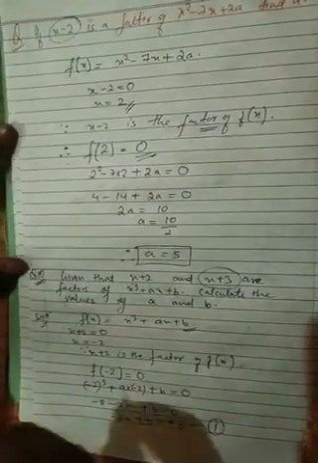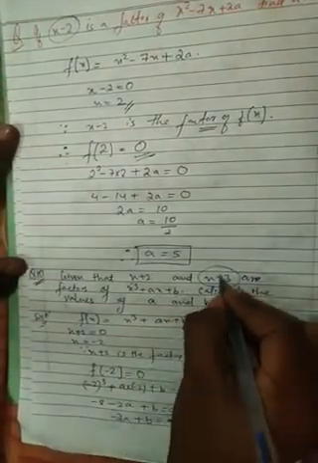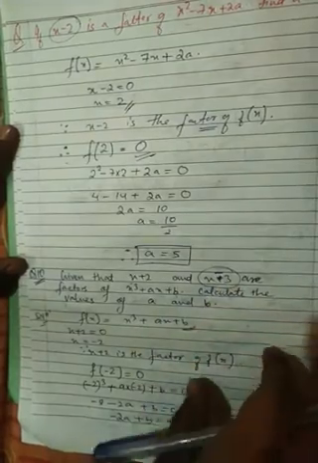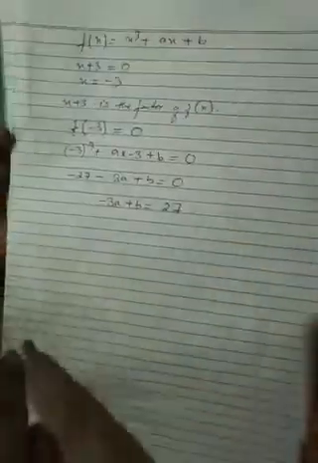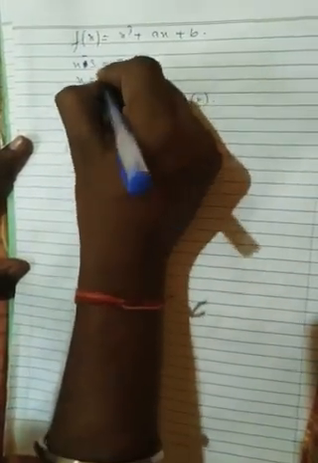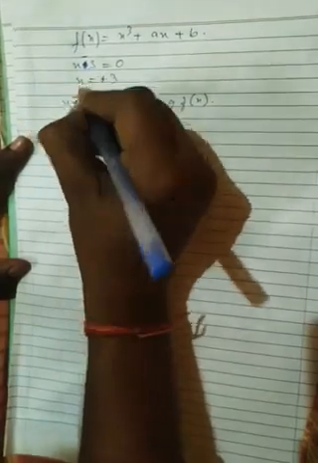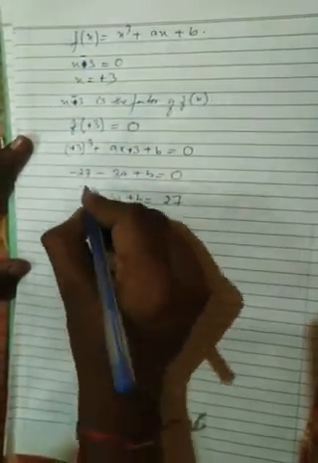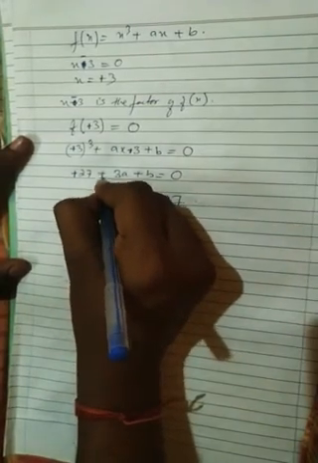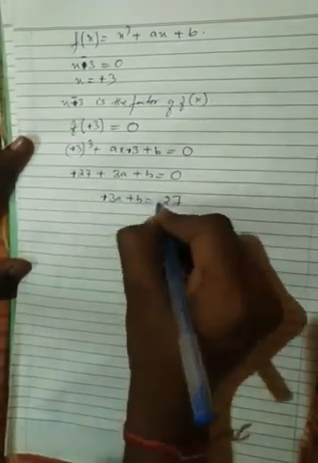Sorry, we made a mistake in the question here. This is x minus 3. So the second part which we are doing, a little mistake we have made here: it will be x plus 2 and x minus 3, so it will give you x plus 3 here. So since x minus 3 is a factor, calculate for f of 3. This will be plus 3a, so 3a plus b equals minus 27.